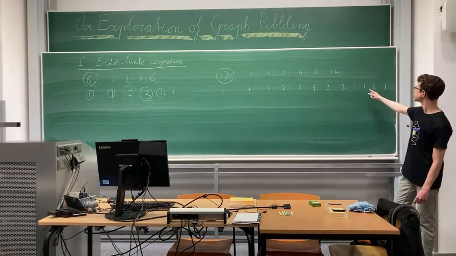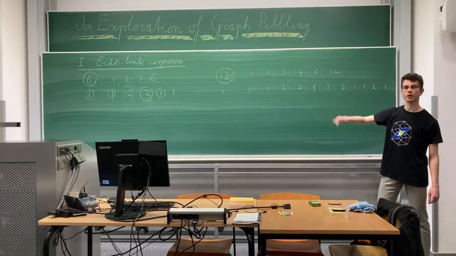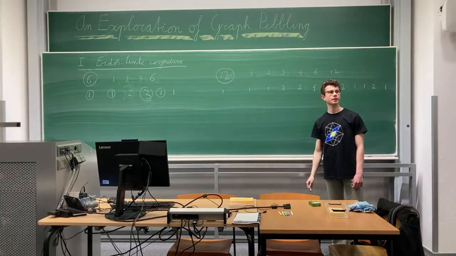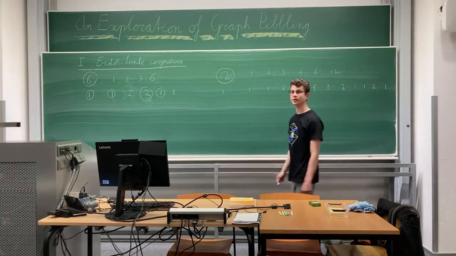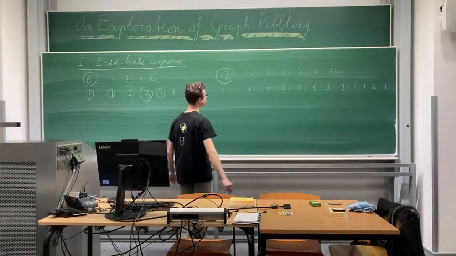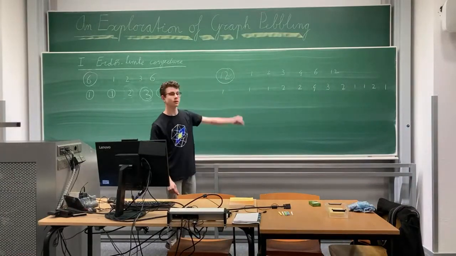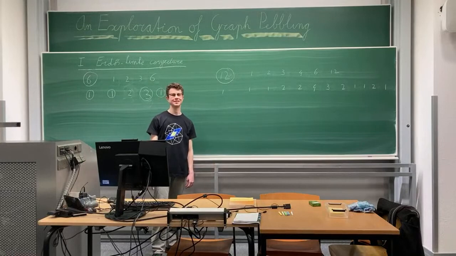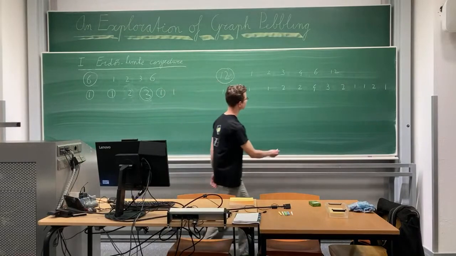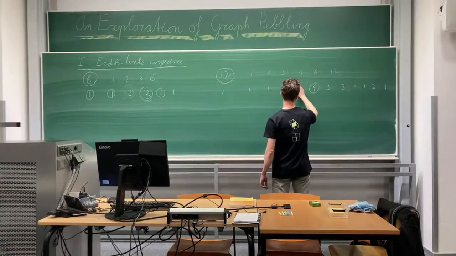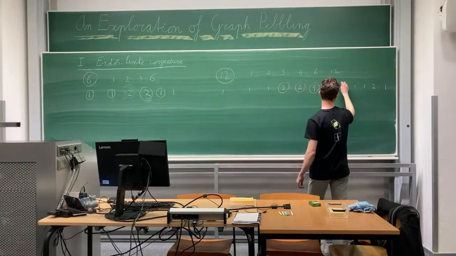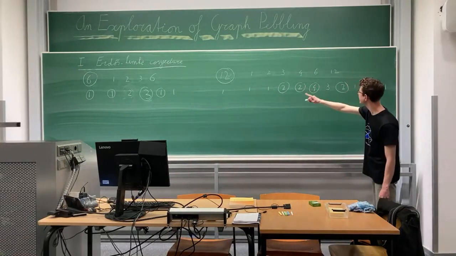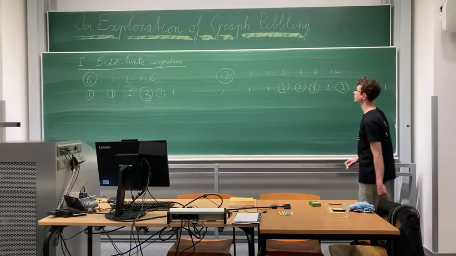Okay, so this is 12 numbers. Can anybody tell me a way to make 12 out of this? Hands please. Ron: pick 1 4 and 4 2s. Okay, so we have 6, 8, 10, 12. So that's correct.